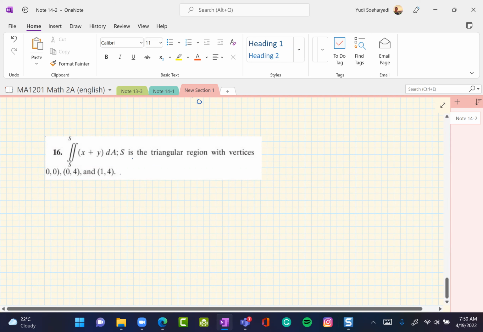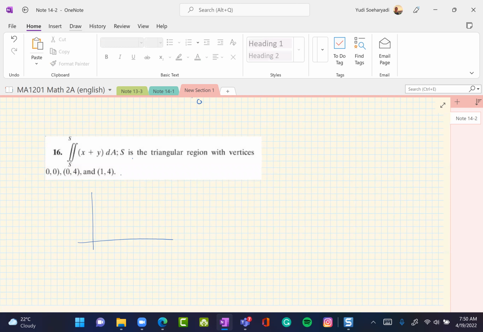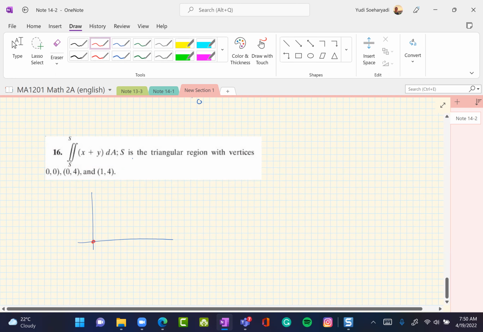So 0, 0, the origin, 0, 4, and 1, 4. The scale is not good, but it's all right.